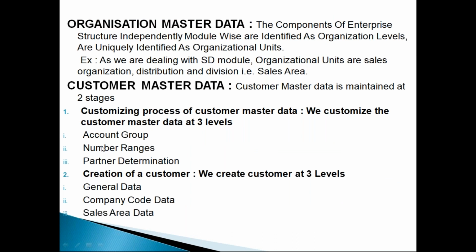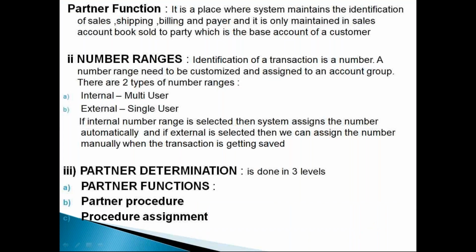Account groups we have done, number ranges we have done. Now partner determination. Partner determination is customizable in three stages. It's a three-step customizing cycle: partner function, partner procedure, procedure assignment.